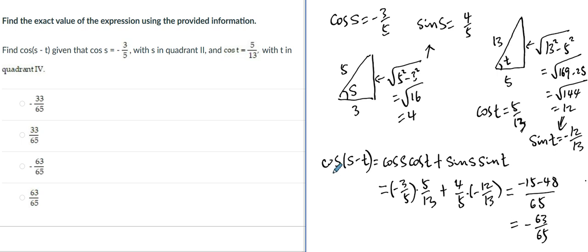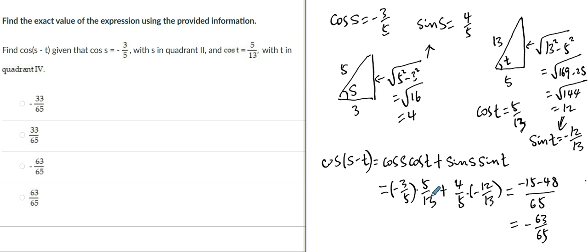Now, by the formula, we know cosine of s minus t is cosine cosine, and if here is minus, it should be plus, sine sine. Now, cosine s is given as negative 3 over 5. Cosine t is given as well, 5 over 13.